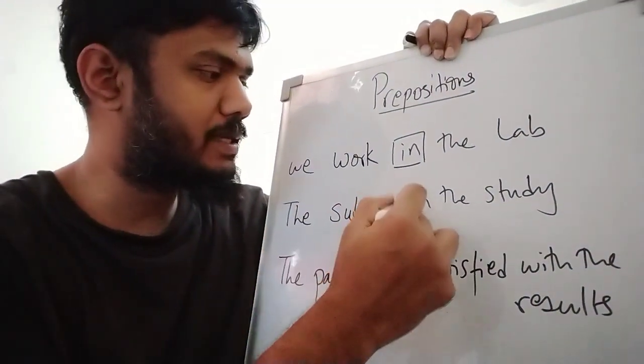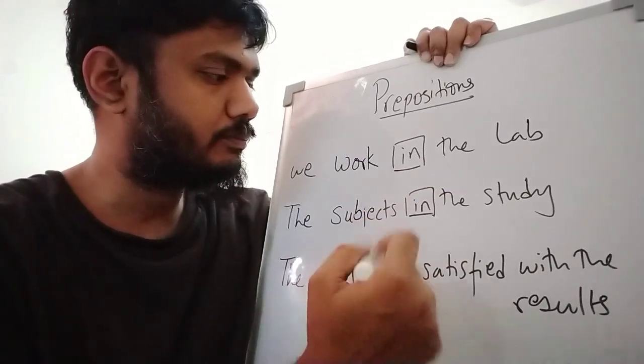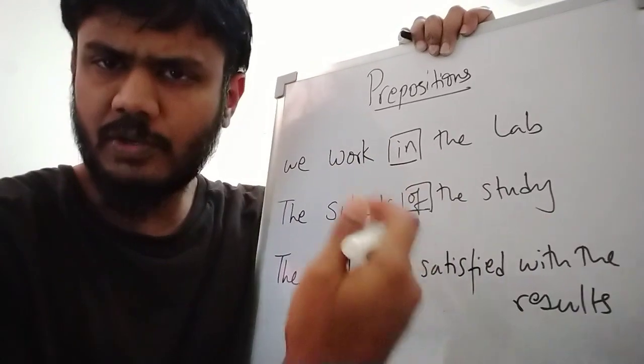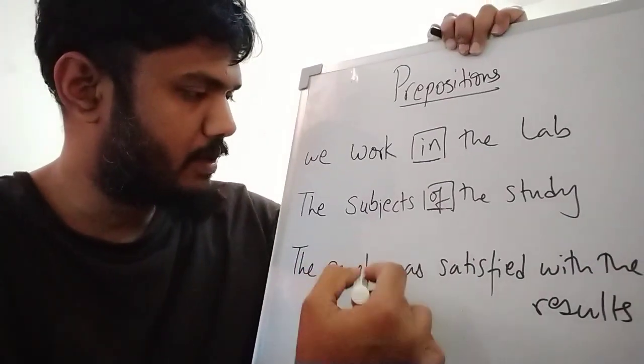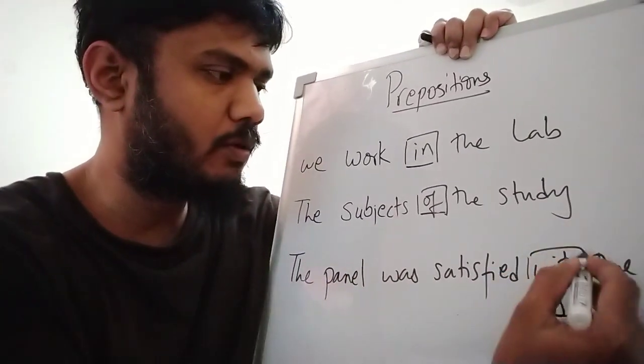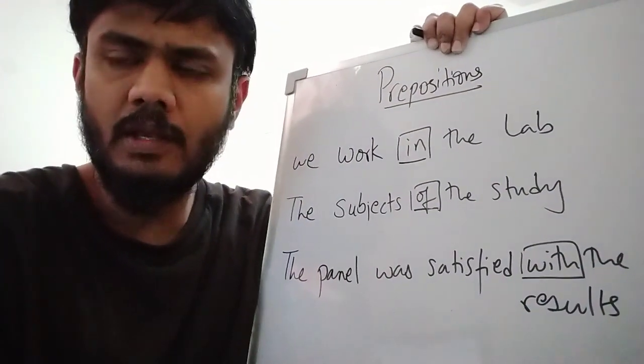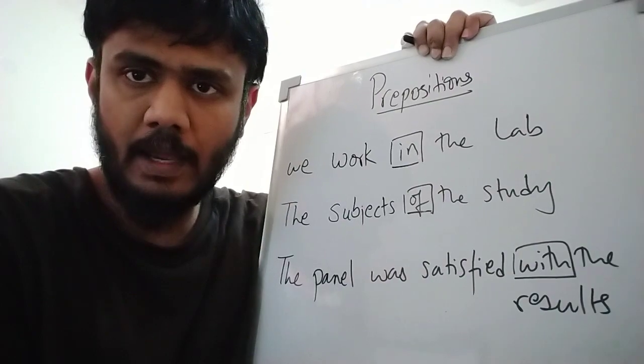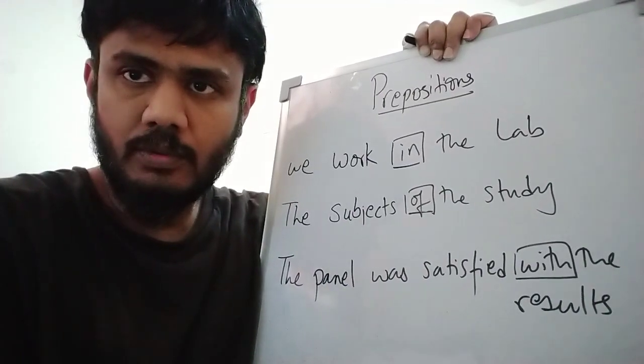The subjects in the study, or maybe we can change this to the subjects of the study just to have a different preposition. Okay, and then the panel was satisfied with the results, right? So we've got these three prepositions over here, and we need to understand what they do.